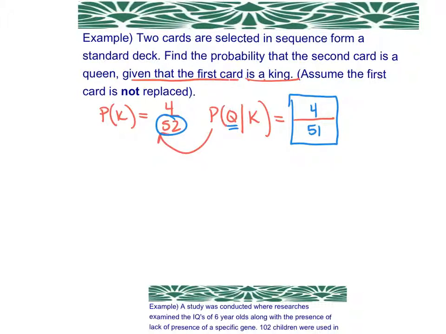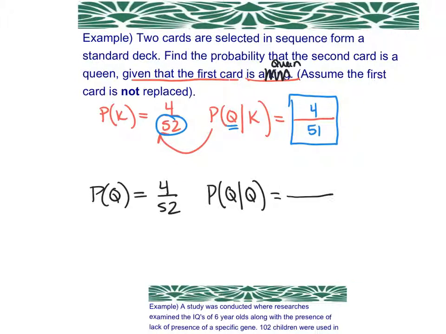Think about if I adjust this just a little bit. I'm going to change the problem. Let's find the probability that the second card is a queen, given that the first card was a queen. Well, the probability of just getting a queen on the first one is 4 out of 52. It's the same thing as the probability of getting a king. Now, if I find the probability of drawing a queen, given that the first one was a queen, not replaced, I've got 51 cards now in my deck, because I already pulled a queen.